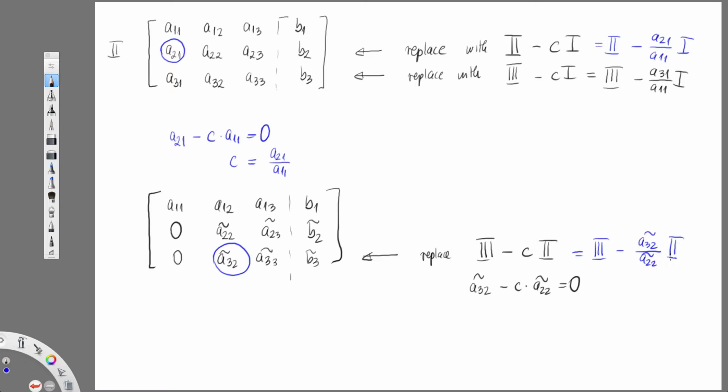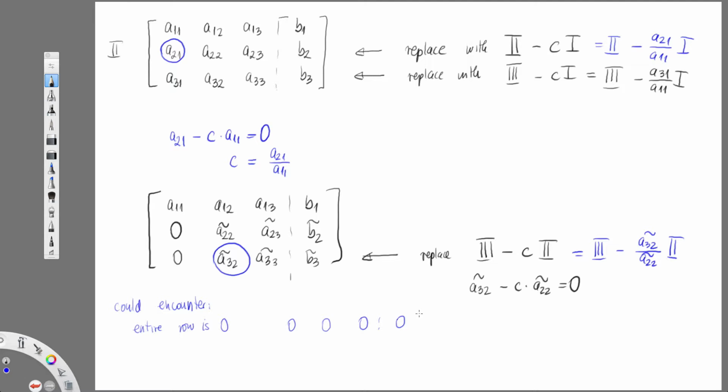So problems that I could encounter: the entire row is 0. So I get 0, 0, 0, 0.